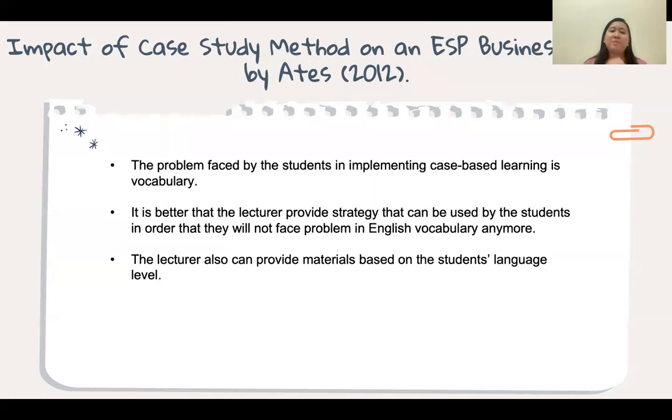Well, the problem faced by the students in implementing case-based learning is vocabulary. As I said before, vocabulary is the main problem in this study. So I think it is better that the lecturer provides strategies that can be used by the students so that they will not face problems in English vocabulary anymore.